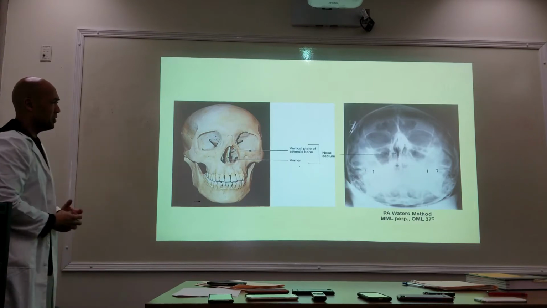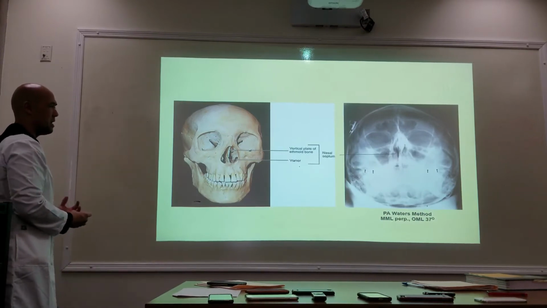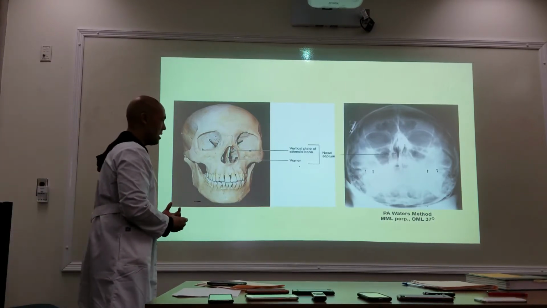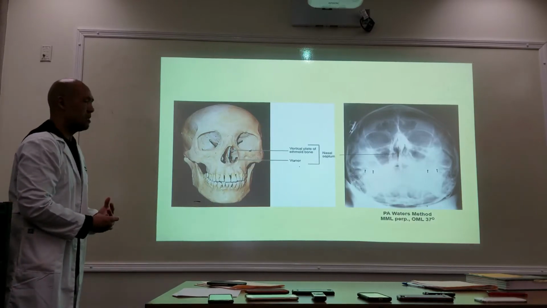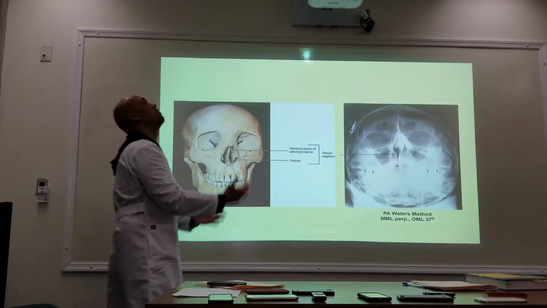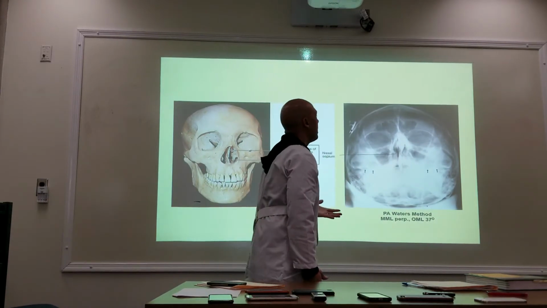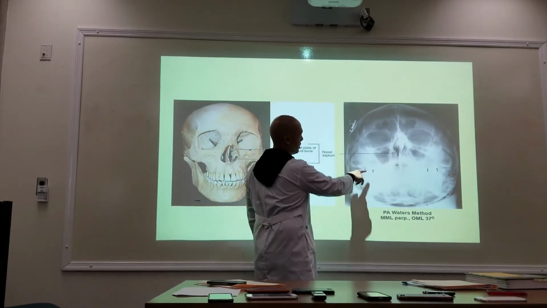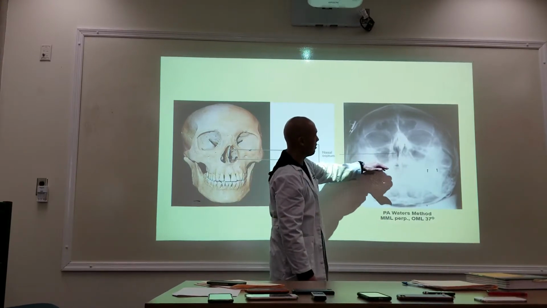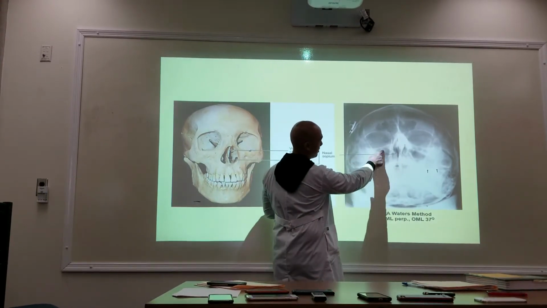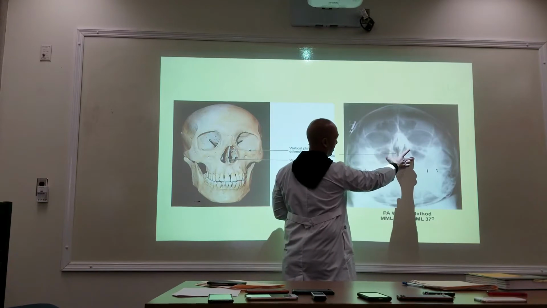Now this particular projection up here is known as the P.A. Waters method, where the mental meatal line, that is your chin, is going to be perpendicular with the image receptor, like so. And when you do that, notice where the petrous ridges lie. They lie below the maxillary sinuses. So these are the maxillary sinuses here of the maxilla.